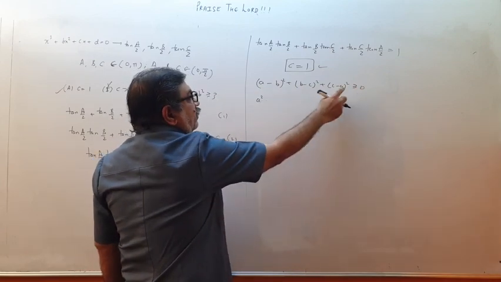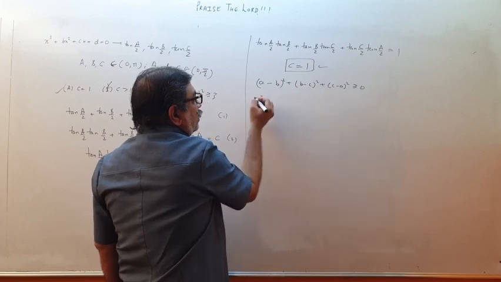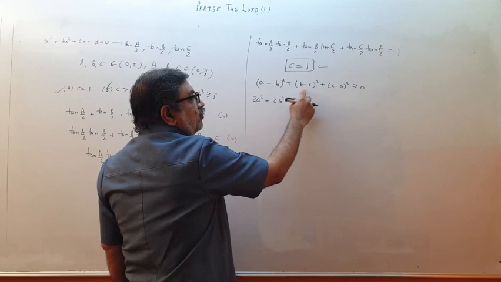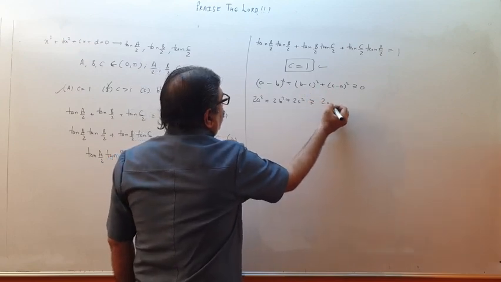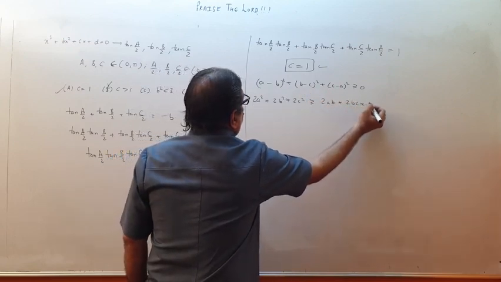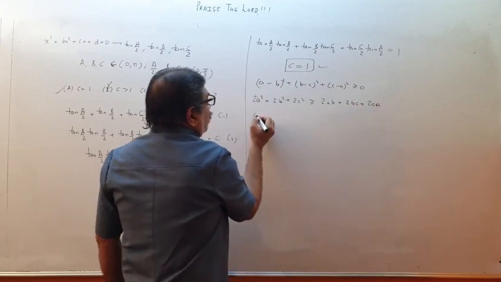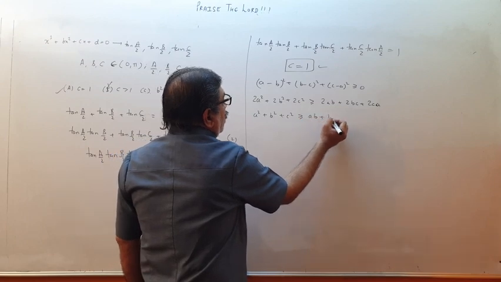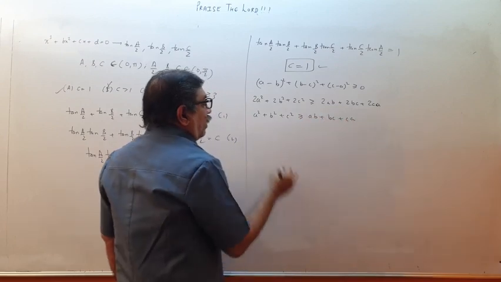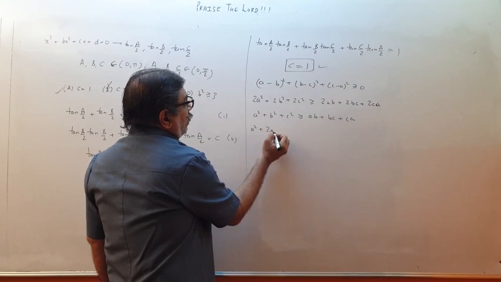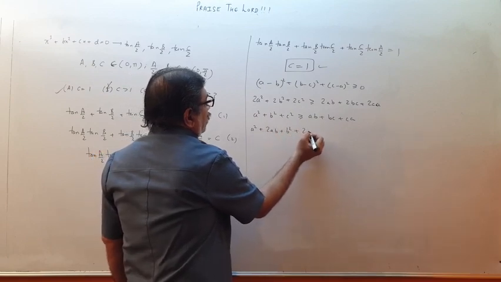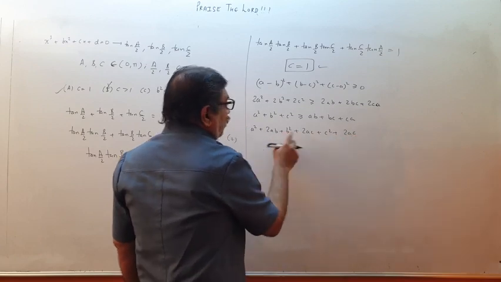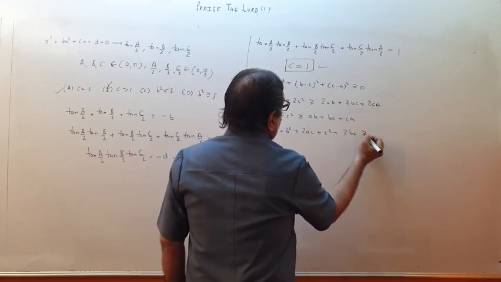Therefore, 2a square plus 2b square plus 2c square minus 2ab minus 2bc minus 2ca is greater than or equal to 0. So a square plus b square plus c square is greater than or equal to ab plus bc plus ca.